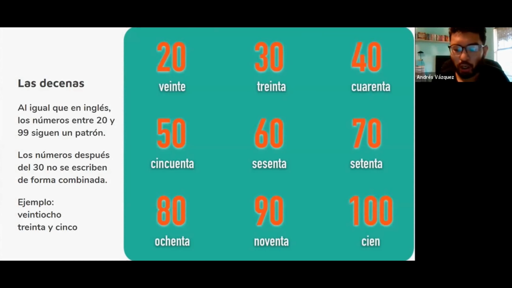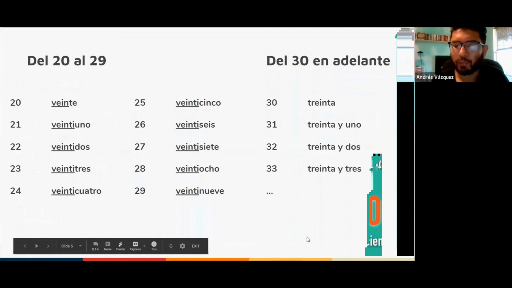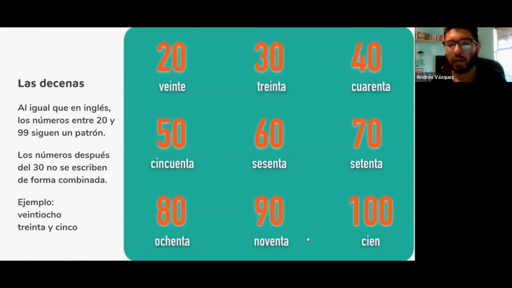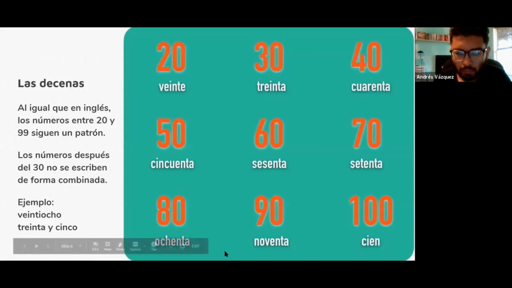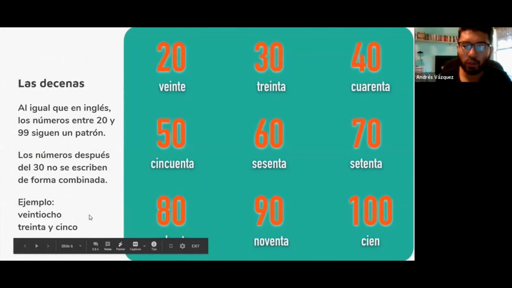And then again, just recalling what we mentioned here, that from 30 onward, we don't write the number as a combined word, as a compound word. Rather, we separate the words, and we have something like 31, 32. So here's an example now with number 28, we write it together, 28.